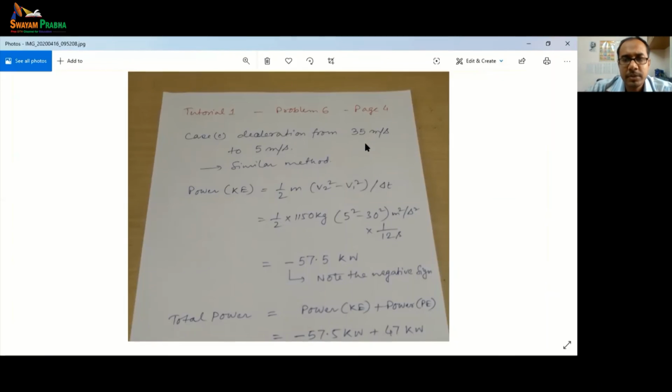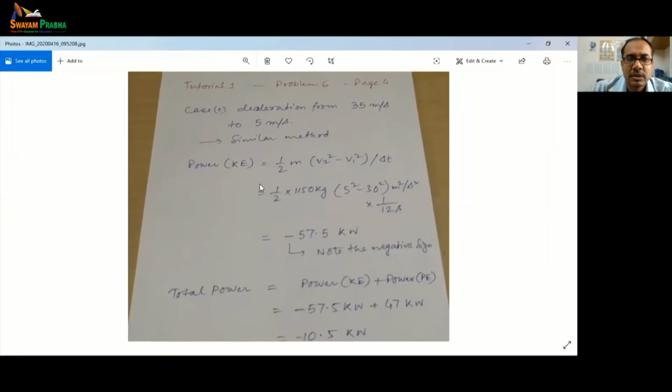So at the bottom of the hill, the car has 35 meters per second velocity, and when it reaches the top, that means at the end of the 100 meter stretch of the uphill road, it will have 5 meters per second velocity. So the method will be similar, and the power due to kinetic energy will be now half m (v2 squared minus v1 squared).